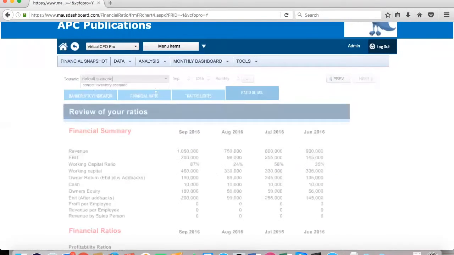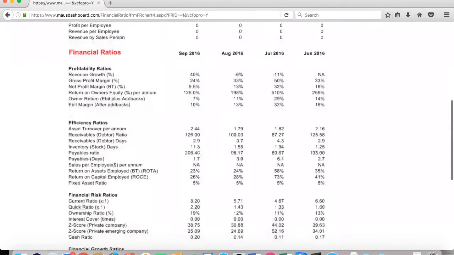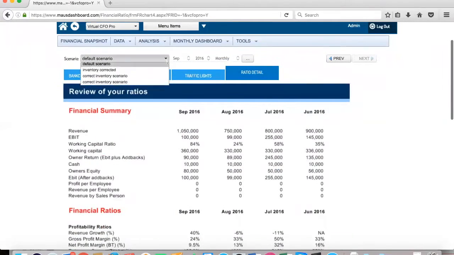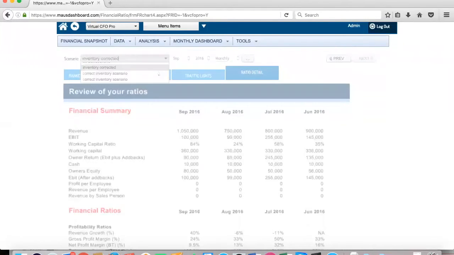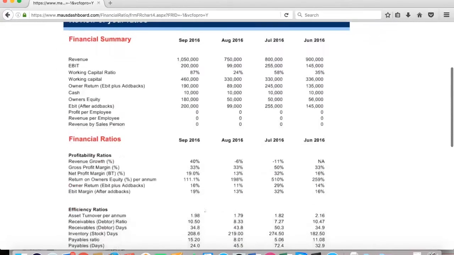Quickly show you what it looked like before we made the change with regard to the gross profit margin. You see it was 24%, 33, 50, and 33. And we couldn't understand that. And now what you see is 33, 33, 33.